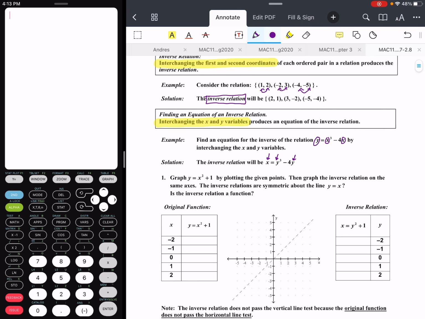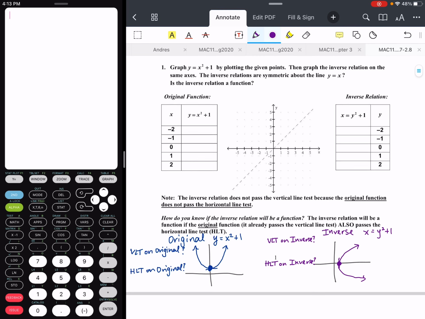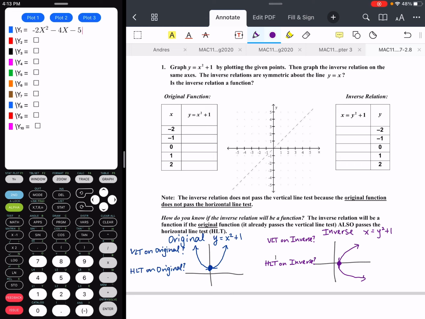All right, so let's look at this in a little more detail. For number 1, it says graph y equals x squared plus 1 by plotting the given points. We're prompted with a little table over here. Then we want to graph the inverse relation on the same axes, and then we'll compare them and see what's going on. So let's start with our original function, y equals x squared plus 1.